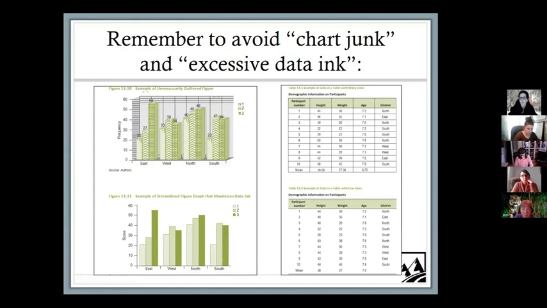Same with the table. I think everyone has to make decisions about how much ink they want on a table. I prefer the bottom one. To me, that looks more elegant. But some of my students and team members said, I can't read the rows across if it doesn't have a line. So some of these things sound sort of trivial, but they're actually really important.